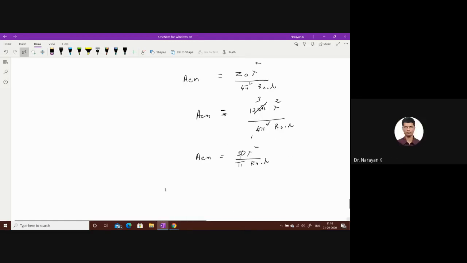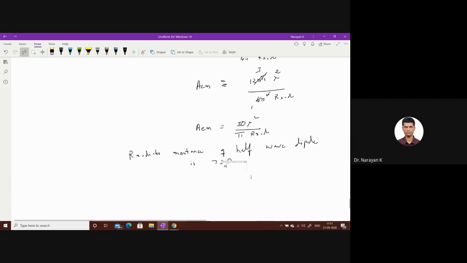Now please substitute radiation resistance of half wave dipole, which is 73 ohms.